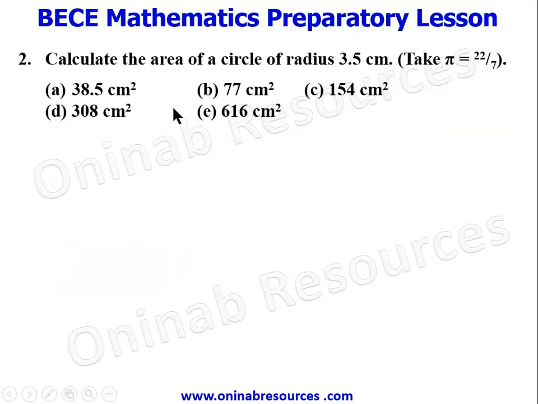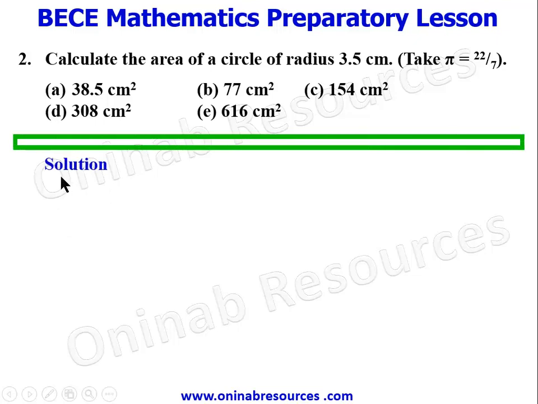We go to problem 2. For problem 2, calculate the area of a circle of radius 3.5 centimeters. Take pi to be 22/7. So finding solution to this problem, we need to state the area of the circle to be pi r squared, where pi is 22/7. Our radius here is 3.5.